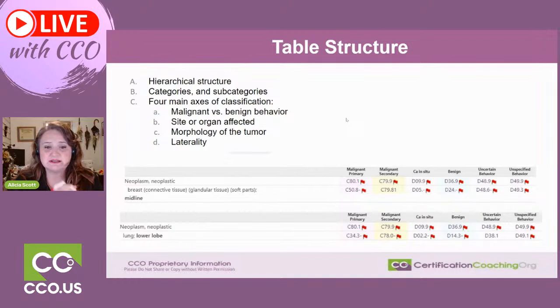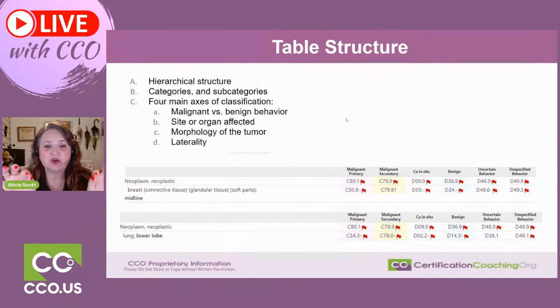Now, here's an example of looking up a particular type of cancer. You would go to the neoplasm table and look under breast. And I'm going to tell you a little bit more about breast cancer in a moment. This would include connective tissue, glandular tissue, or soft parts of the breast, and then you can narrow it down to different quadrants of the breast.